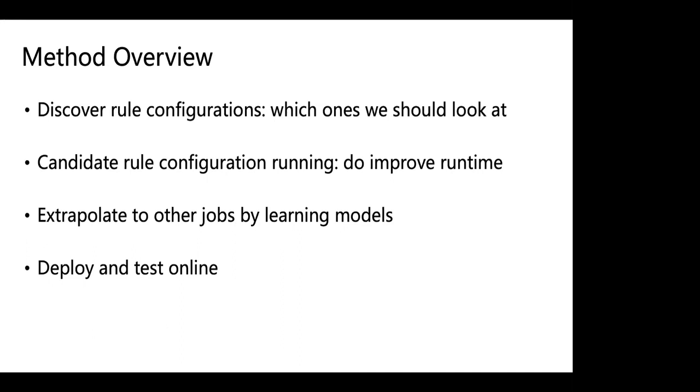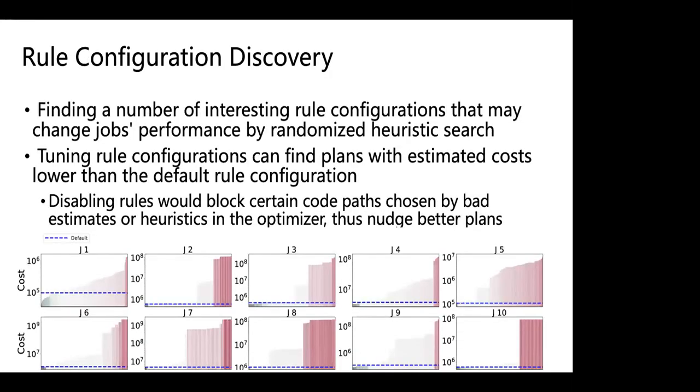Then we select some candidate rule configurations that can truly improve the runtime. Then we extrapolate to other jobs using learning models, and deploy and test. First, we search different rule configurations using some randomized heuristic search.